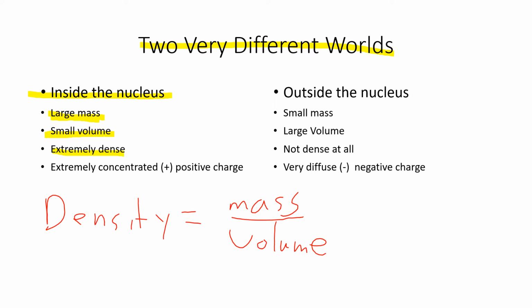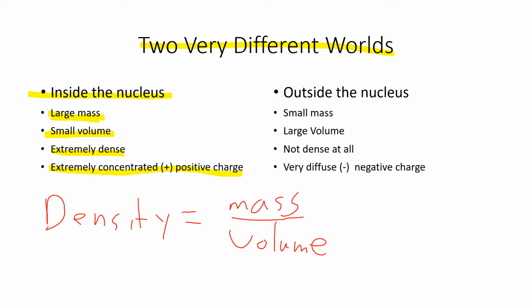If I start jamming a lot of positive charge into a very small space, I'm going to get an extremely concentrated positive charge. So when you think about the nucleus, I want you to think about extreme density, lots of mass, small volume, and a whole bunch of positive charge jammed into that one small space.